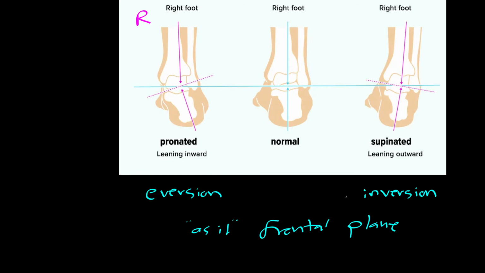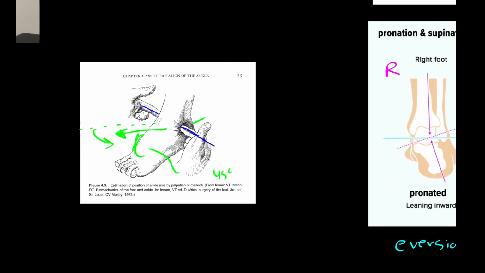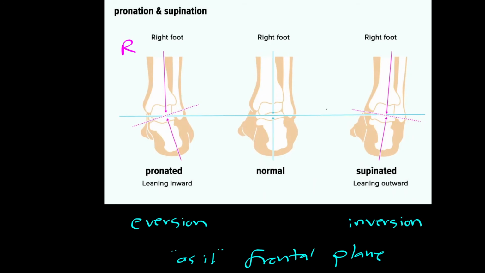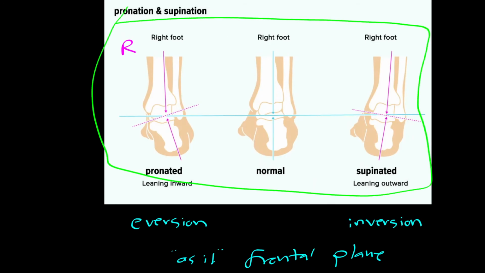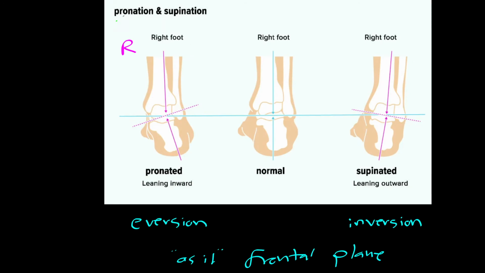When I am talking about this, I will really strive to use the terms inversion and eversion, and I will try to explicitly state that I mean that as a rotation about the subtalar joint. But just be aware that when you are looking at figures in anatomy textbooks and clinical literature and research, quite often people present these things as if they are a rotation in the frontal plane, even though technically speaking they are not.